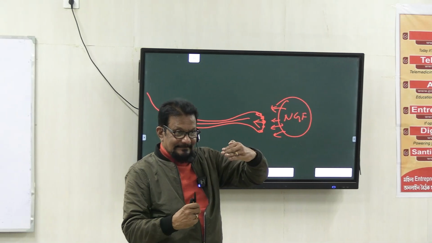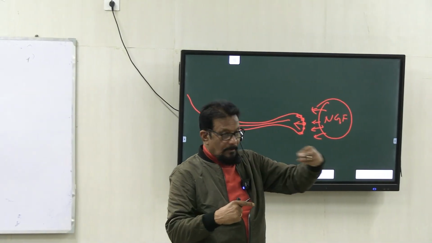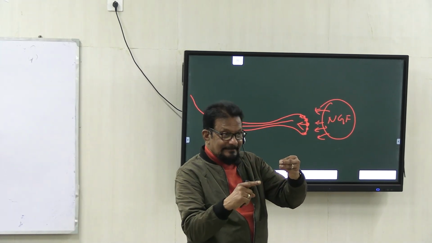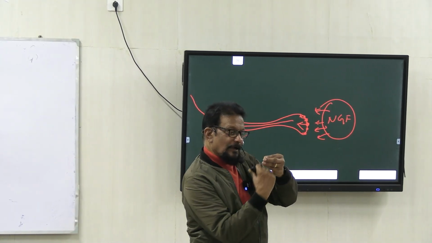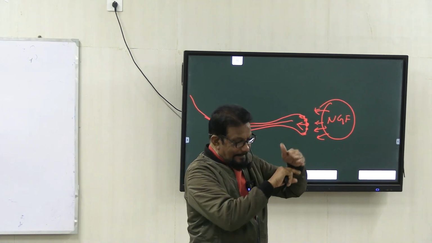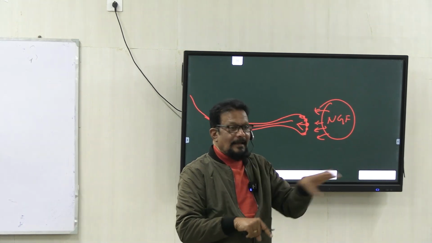So one axon has endoneurium, another axon has endoneurium, and they will be joined so that they are kept in a series, in a line.